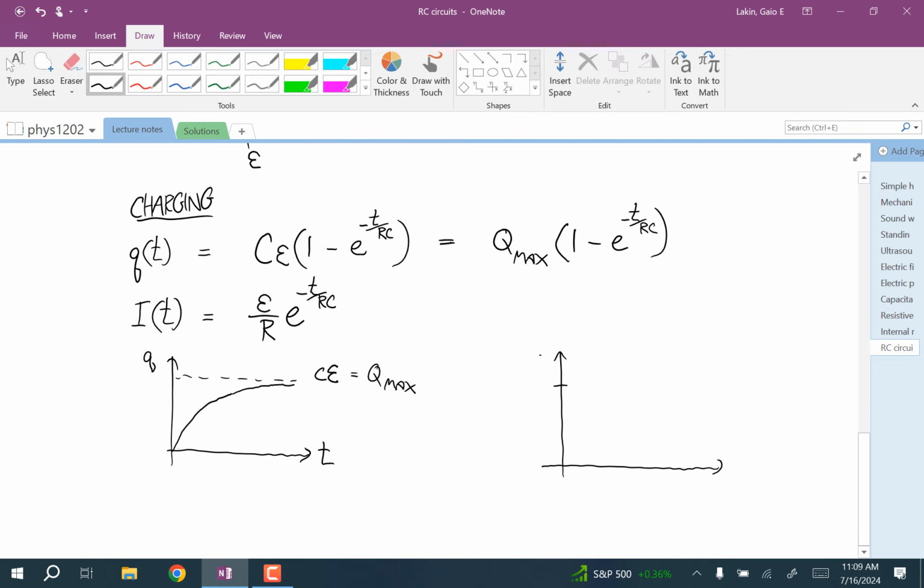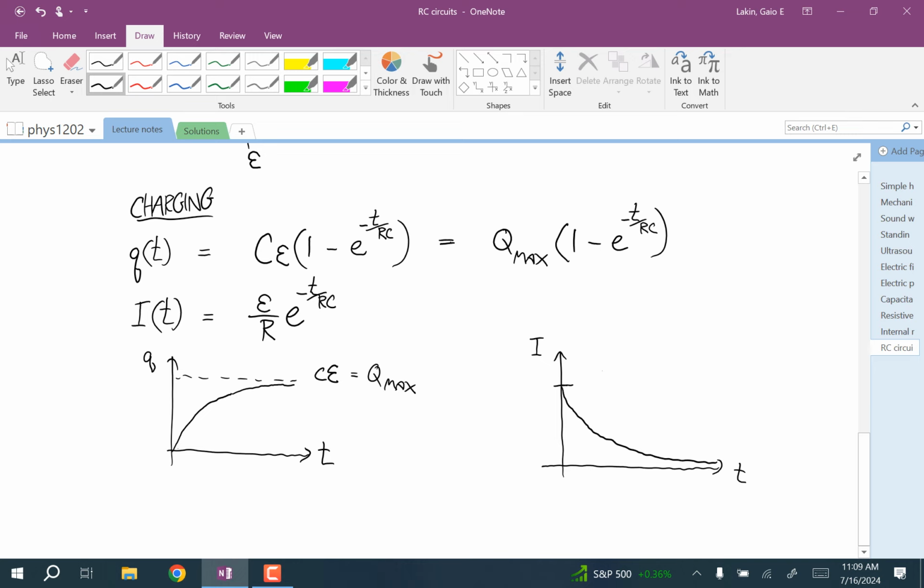And if you want to think about how the current changes over time, the current starts out at its fastest, and then as the capacitor is charged, it slows down towards a current of 0.